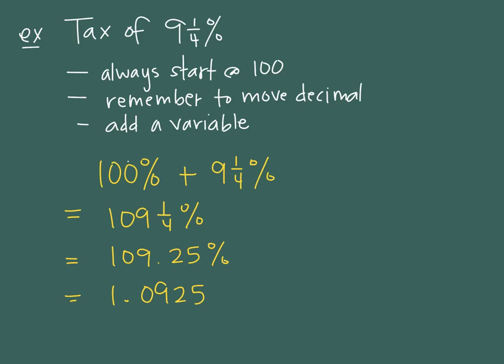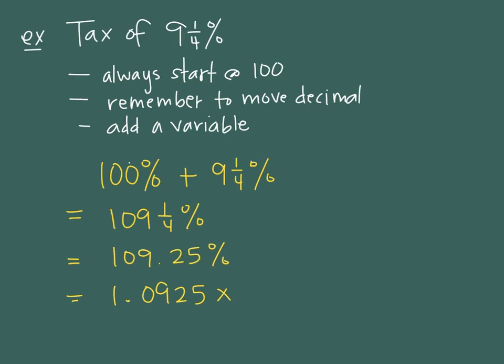And then the last thing to do is to remember that you have to add the variable here. What that variable represents is the original cost of whatever you're being taxed on. Are you being taxed on a purchase? Are you being taxed on your meal that you ordered? What was the original value? That's what that X, that variable, stands for. The original value of the thing that you are buying.